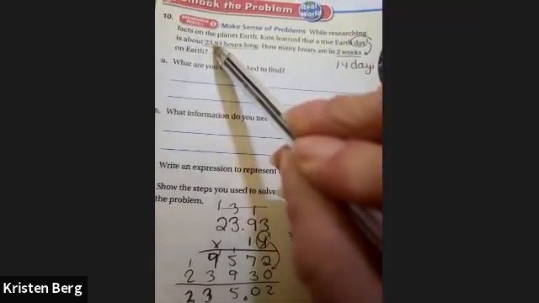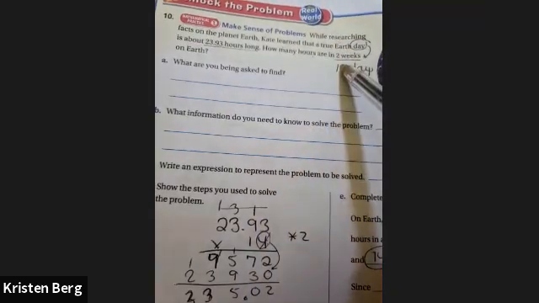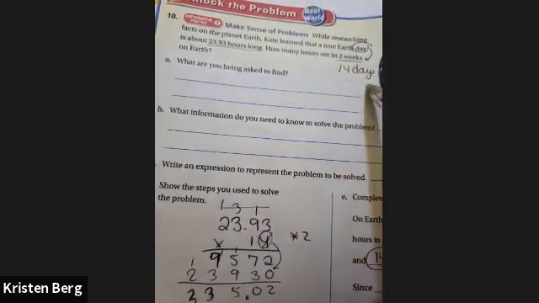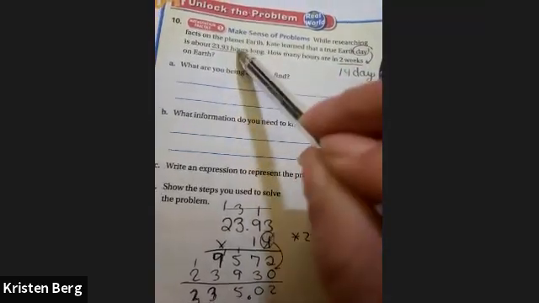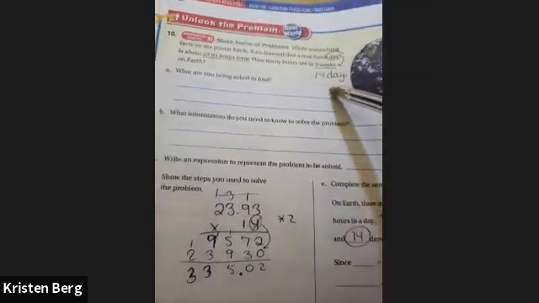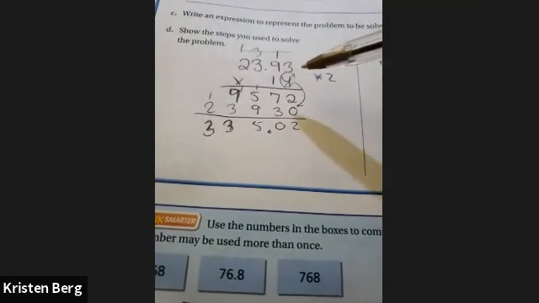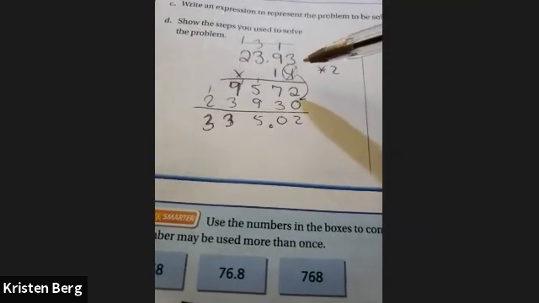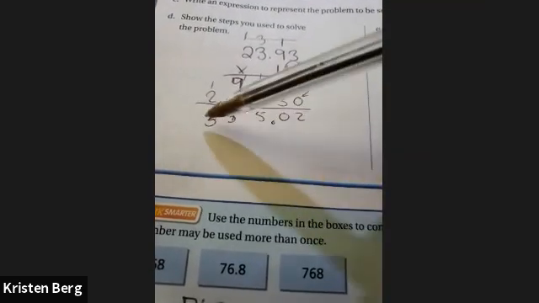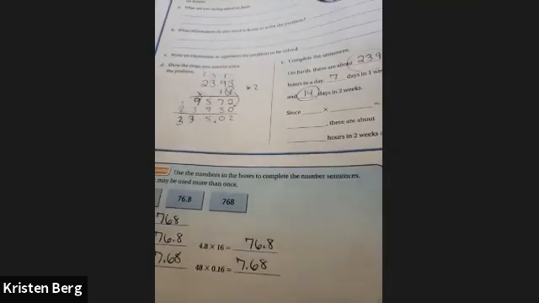Remember, this is just a day. How many days are in 2 weeks? It would have been 14. So in order to find the answer to this, I would have had to multiply these two. So that's what I did here. So then when I did that, it would have ended up coming to 335 and 2/100.